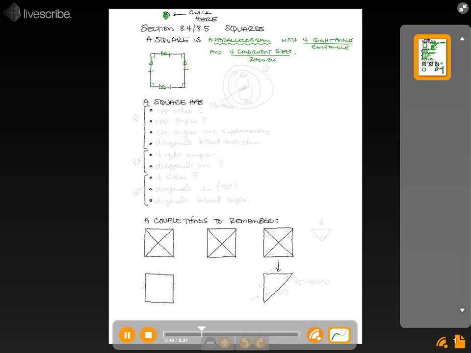Now I'm going to draw you this Venn diagram again, and it's going to change a little bit from the one we had in a rhombus. Okay, we start with our quadrilaterals. We have a special type of quadrilateral called parallelograms. Then we have our rectangles. We have our rhombuses.